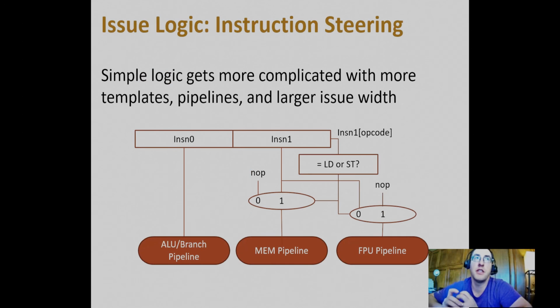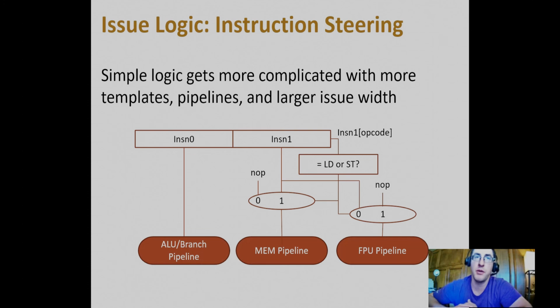So we can do this issue logic instruction steering with our example here. The first instruction in both of the templates is always an ALU branch pipeline, so it's actually a trivial steering. We always send the first instruction into the ALU branch pipeline. And then we take the second instruction and we check if our template bit tells us that this is a memory operation, then we can send it to the memory pipeline.